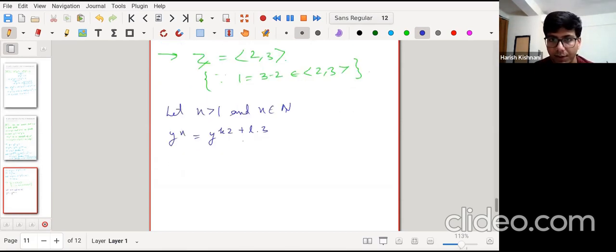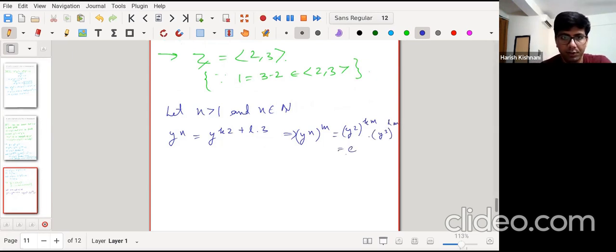This implies y^n raised to m is y square raised to km dot y cube raised to lm, which is again identity.